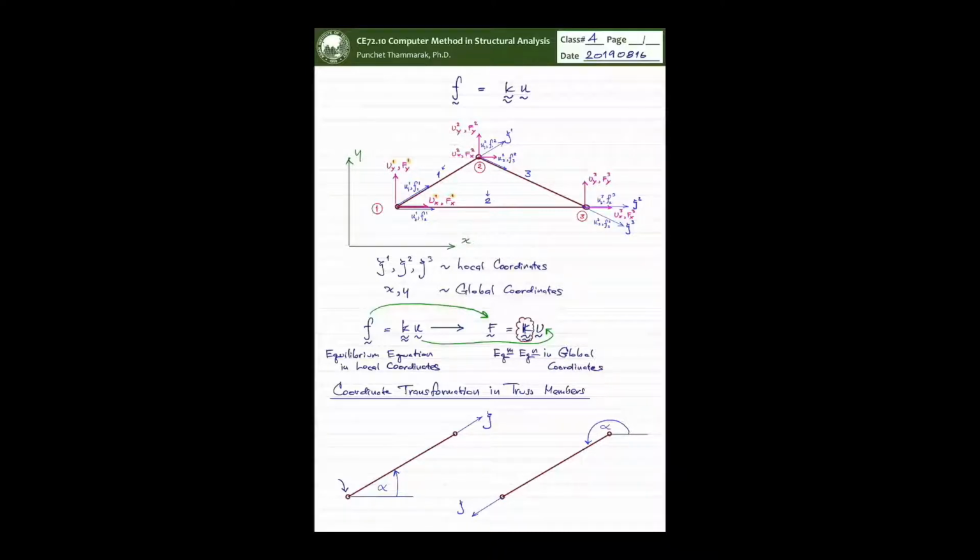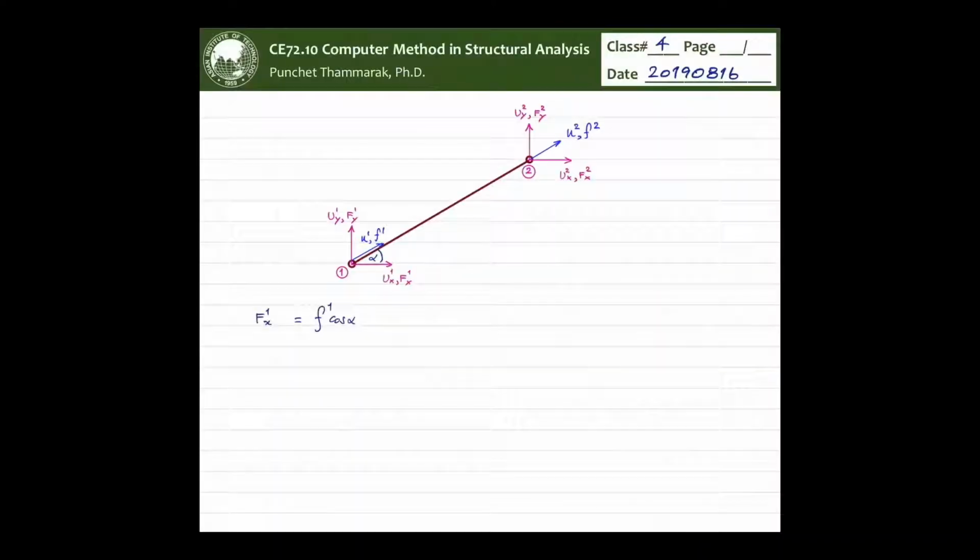Well, this derivation will also work with the case like this, because this is the same system of measuring the angle alpha, right? It's just a matter of fact that you might have the different starting node and the ending node, but the angle alpha is measured from the same direction, from the same reference. That means no matter how orientations of the member is gonna look like, as long as you measure the alpha in the same way, in the consistent way, then all these calculations will be applicable.